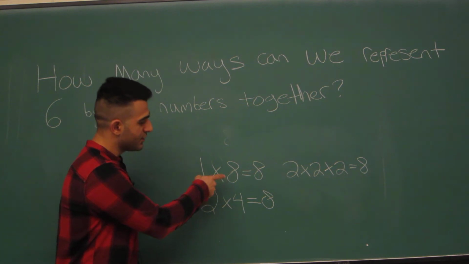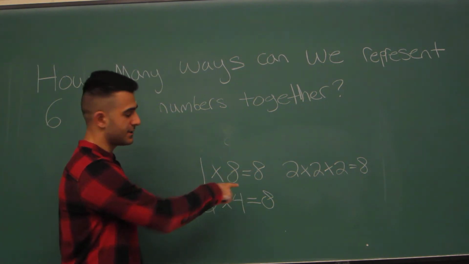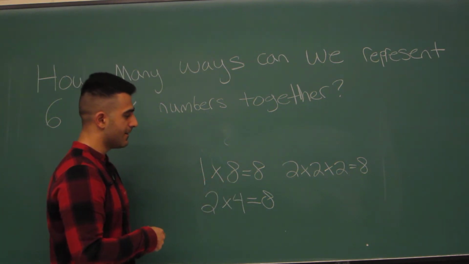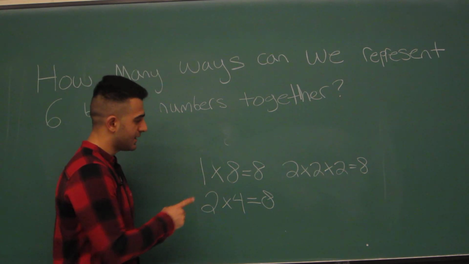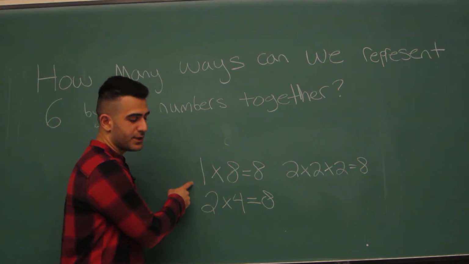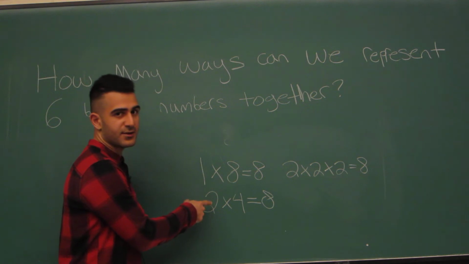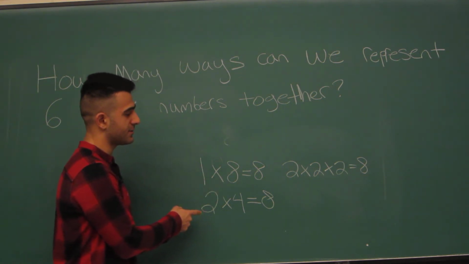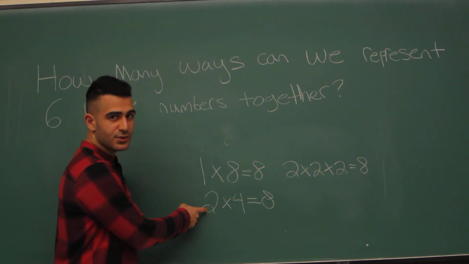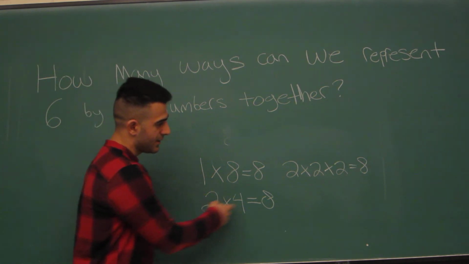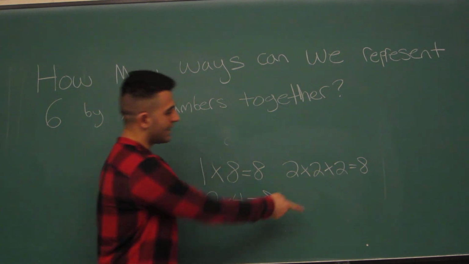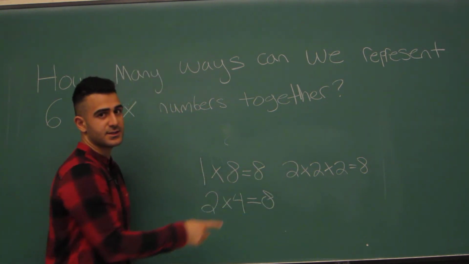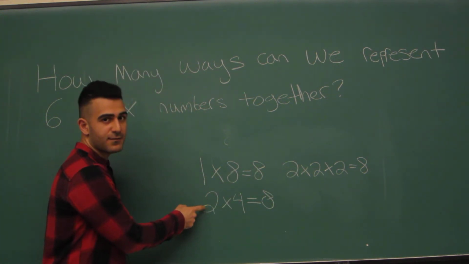Now, if I were to ask you what are the factors of 8, after you've done all this, we're only interested in if it appears in the multiplication. I don't care how many times it appears. So if you see, for example, 2, it appears 1, 2, 3, 4 times in this whole process, but we're only interested if it appears.